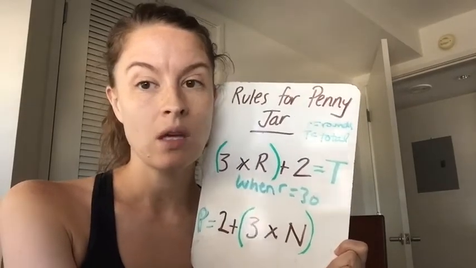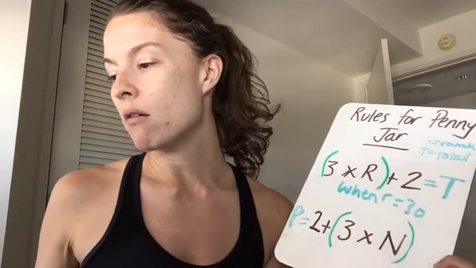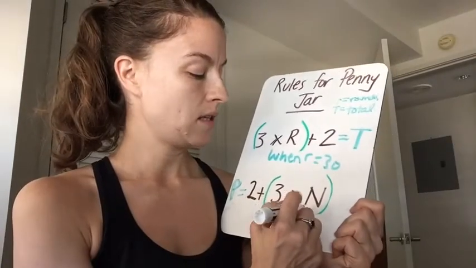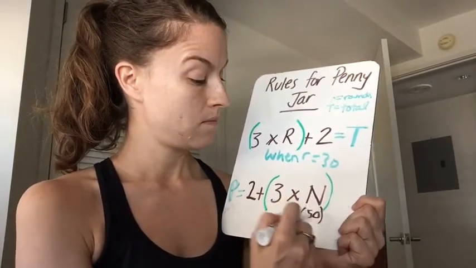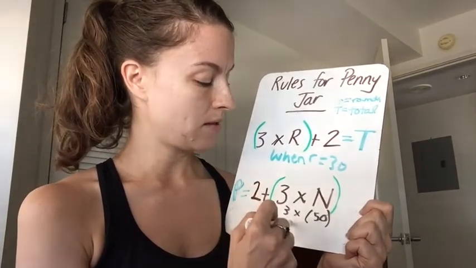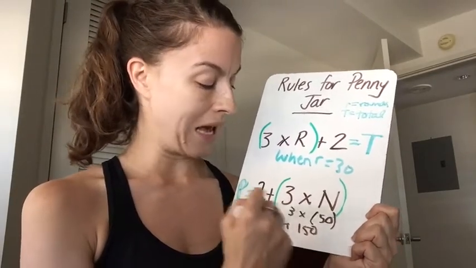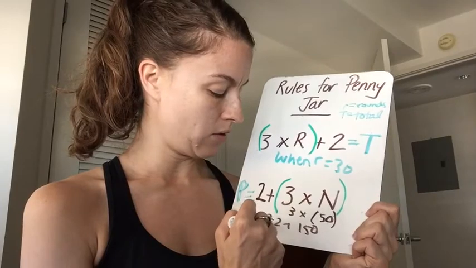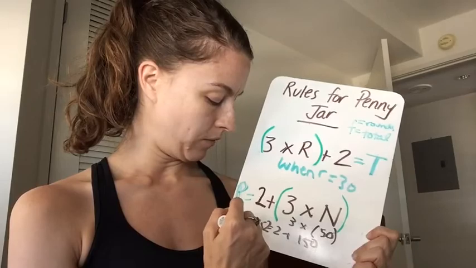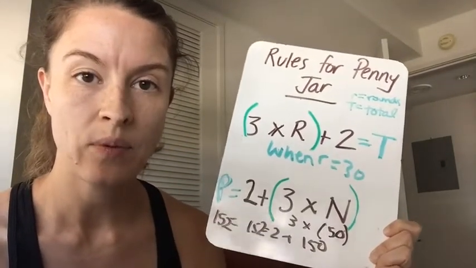So if P comes out to being, okay, if this is 50, we're on the 50th round, and we're timesing that by 3, that's 150 plus 2, then this side equals 152, right? And if this side equals 152, then P also equals 152. Because the equal sign, all it means is both sides are the same, right?